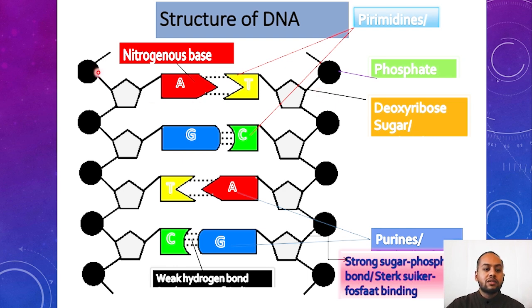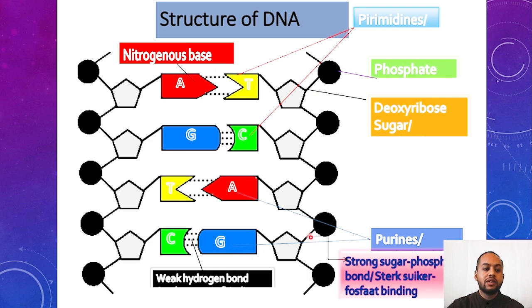So firstly, you will notice that it's a double-stranded molecule. There's a strand on the right, there's a strand on the left. Secondly, each strand is going to comprise a number of nucleotides. You have one nucleotide there, 2, 3, and 4.